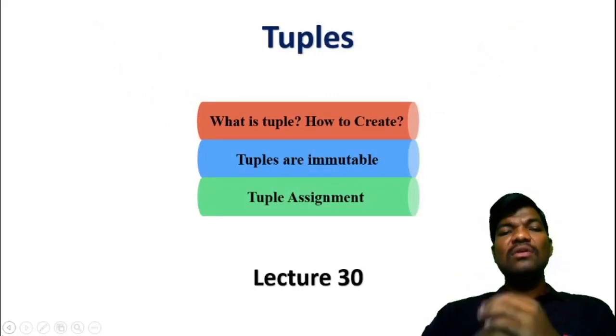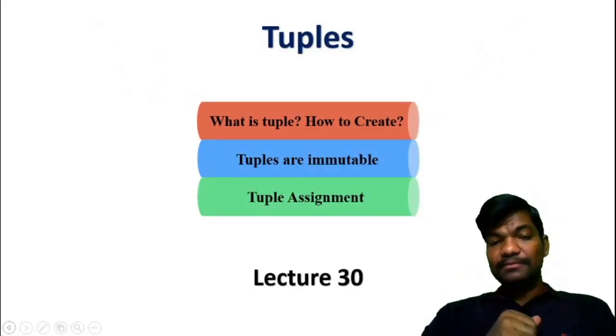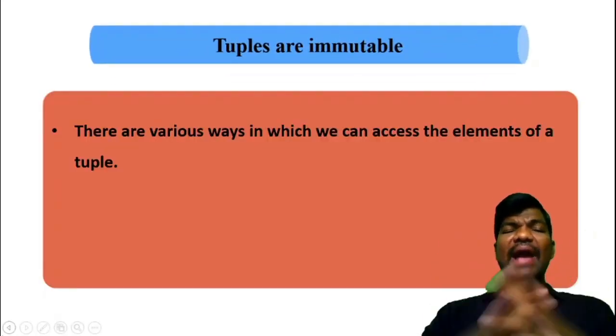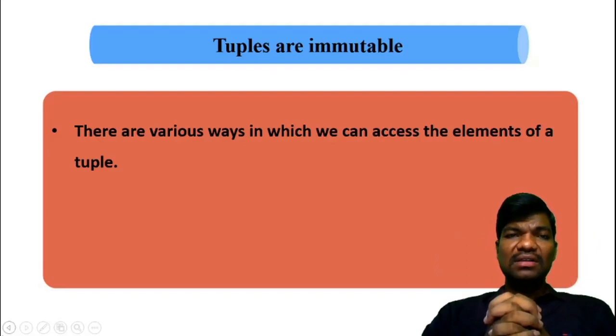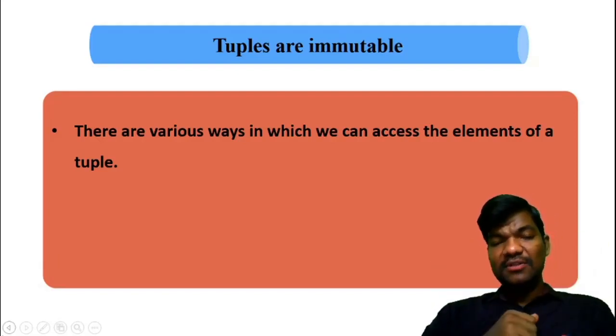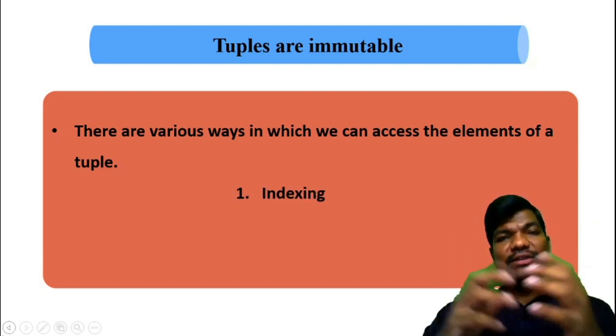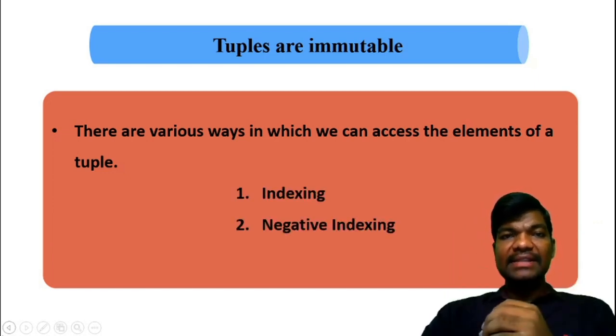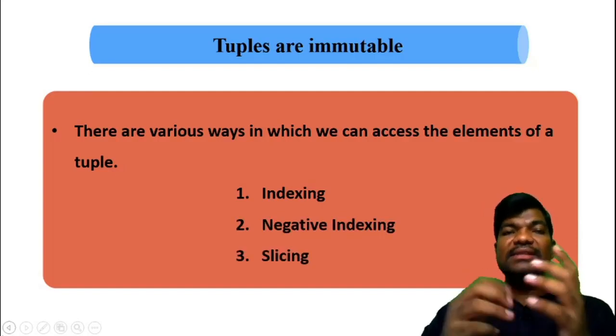Next, coming to tuples are immutable. So here, how to access the elements of the tuple? We access the elements in tuples by using three methods. First one is indexing, second one is negative indexing, and the third one is slicing.